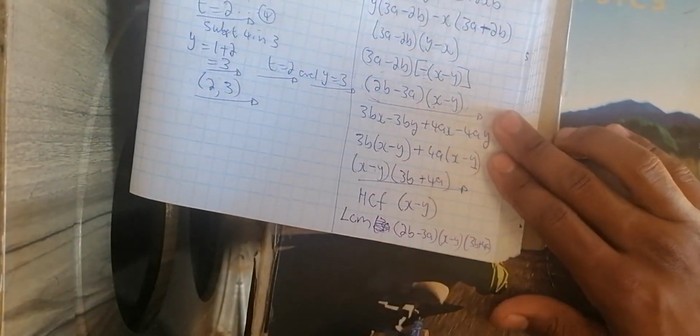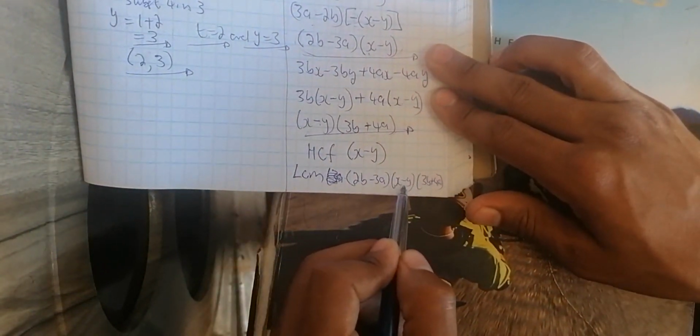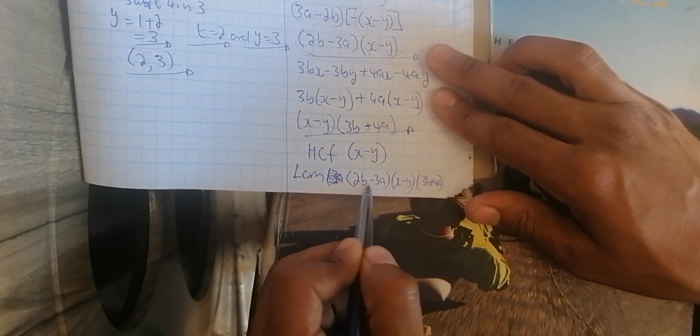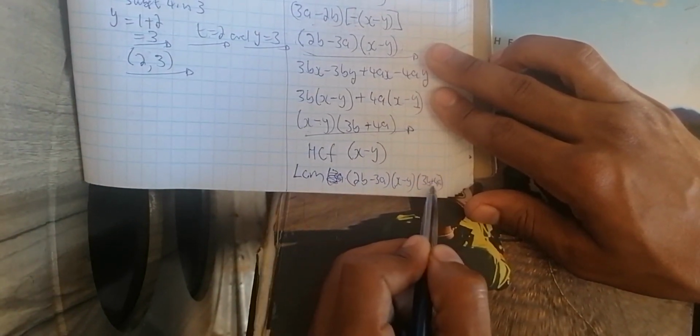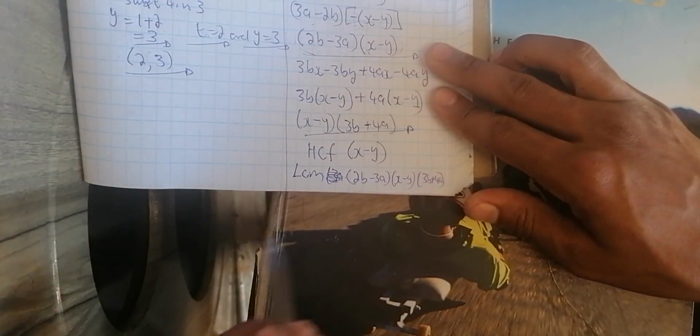So that will be the LCM. x minus y, we are taking that. 2b minus 3a, we are taking that. And we are also taking 3b plus 4a. That becomes your LCM. Very good.